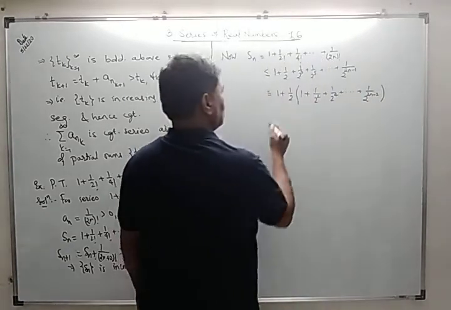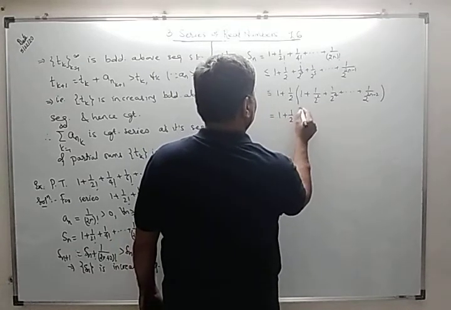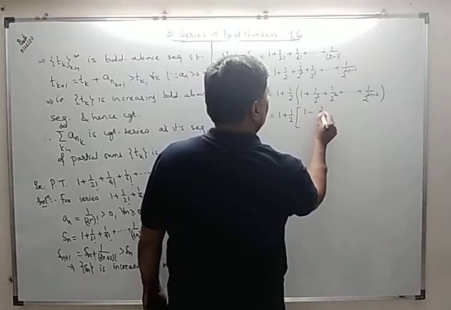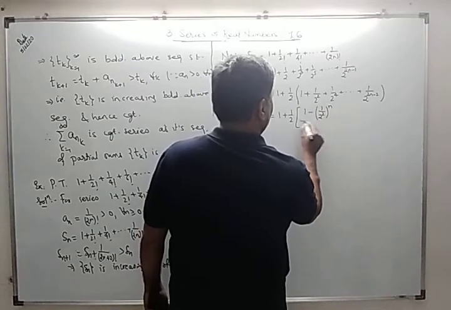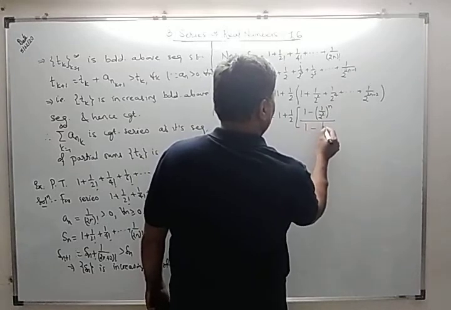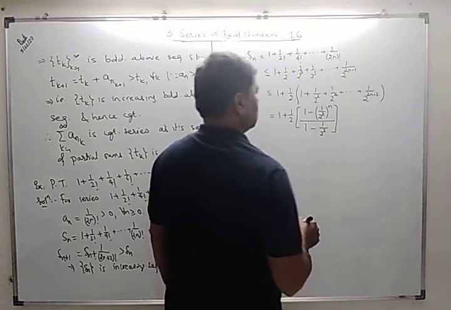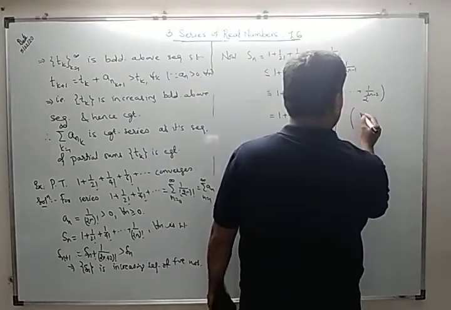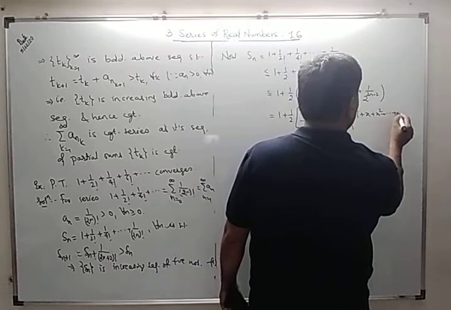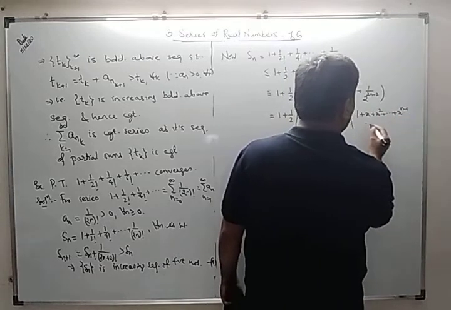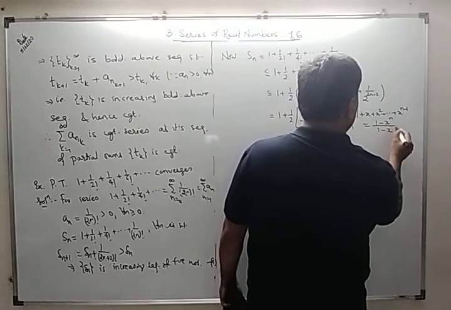So, which is equal to 1 plus half times (1 minus (1 upon 2 square) raised to n) upon (1 minus 1 upon 2 square), since 1 plus x plus x square plus dot dot up to x raised to n minus 1 is equal to (1 minus x raised to n) upon (1 minus x).